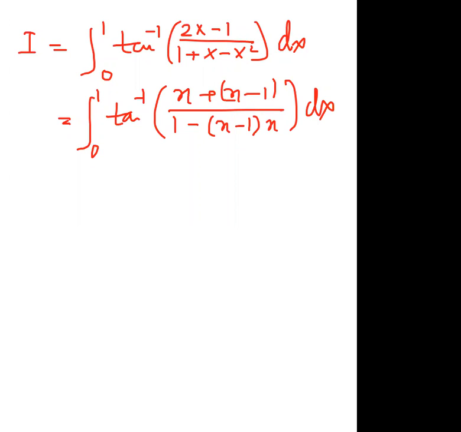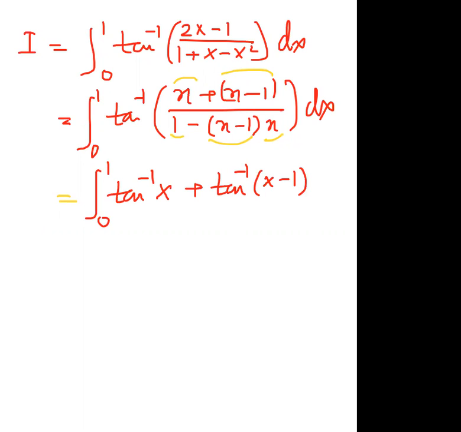Now see, it becomes one of the identities: tan inverse a plus tan inverse b is tan inverse of a plus b upon 1 minus ab. So 0 to 1 tan inverse x plus tan inverse x minus 1 dx.